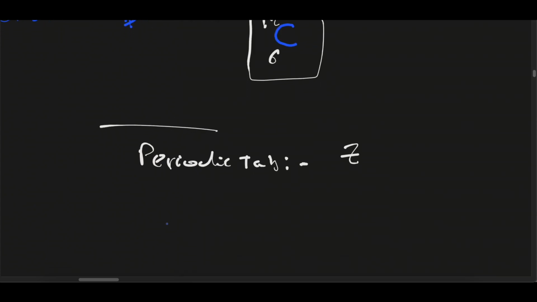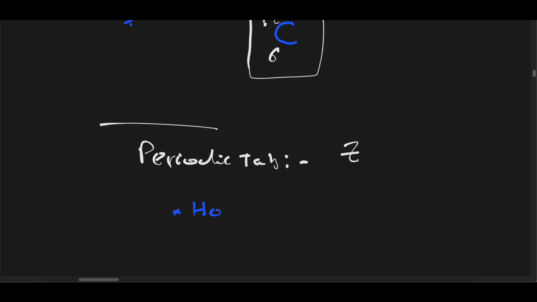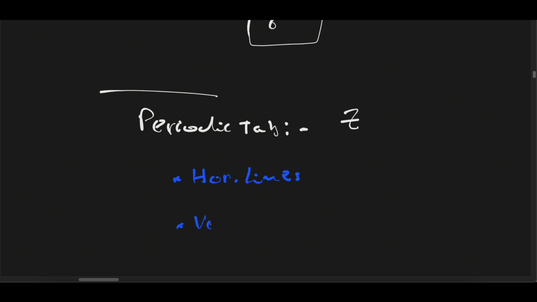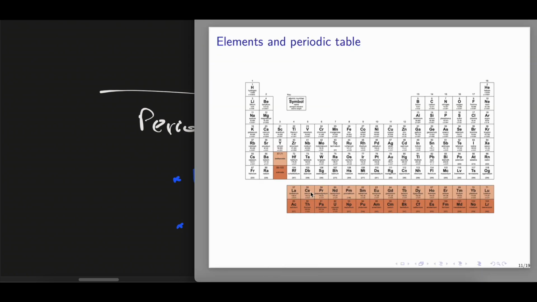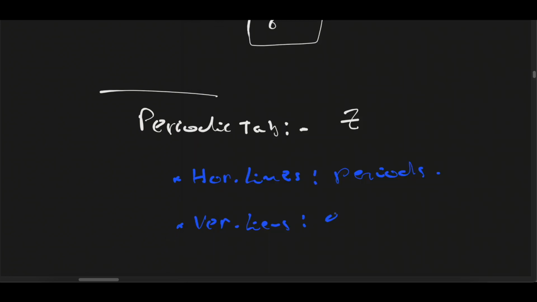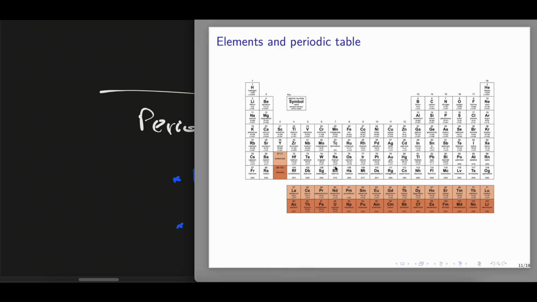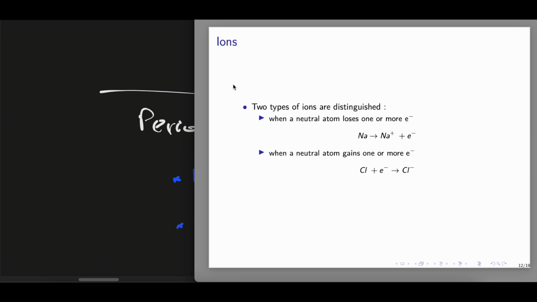So the horizontal lines are called the periods of the periodic table, and the vertical lines are called the groups or families of the periodic table. Now let's talk about the ions.